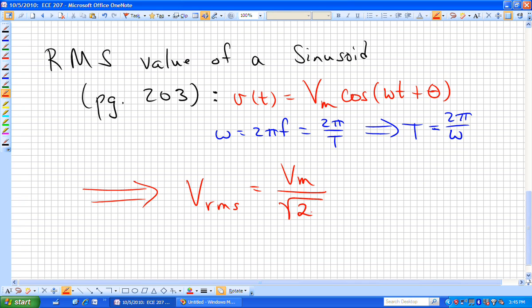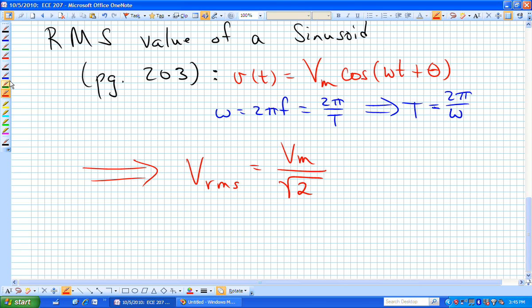If somebody gives you a voltage with a magnitude V sub m, and you want to analyze this circuit using RMS and complex numbers, all you really have to do is convert everything to RMS values, and I can do that by just dividing the amplitude of my original cosine waveform by the square root of 2, and now I have my RMS value, magnitude.